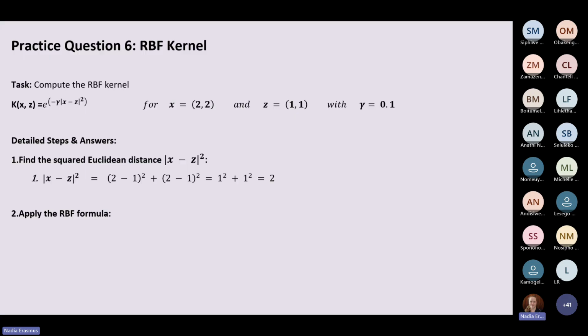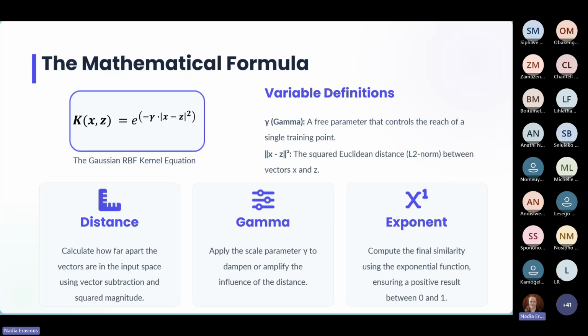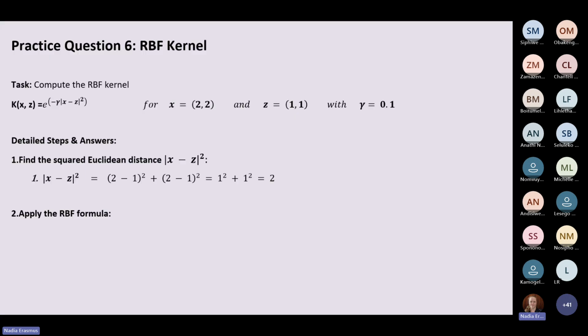In this case, we're going to compute the kernel. So we're just going to look at the kernel, and this is the formula of the kernel. We have x as (2, 2), z as (1, 1), and we have gamma as 0.1. This looks a lot like the ones you are given in your assignment 2.